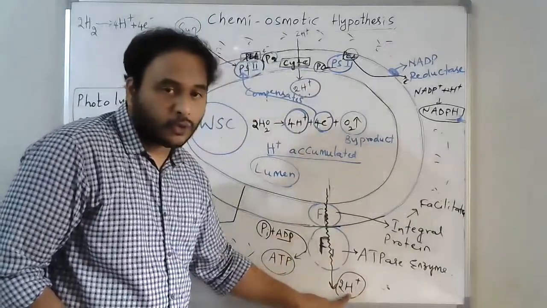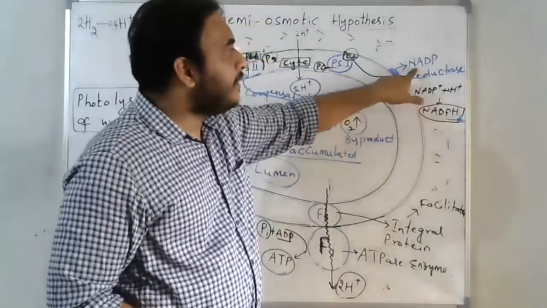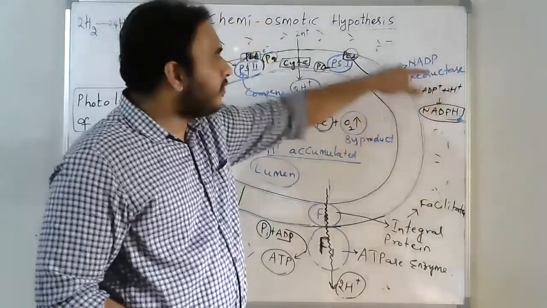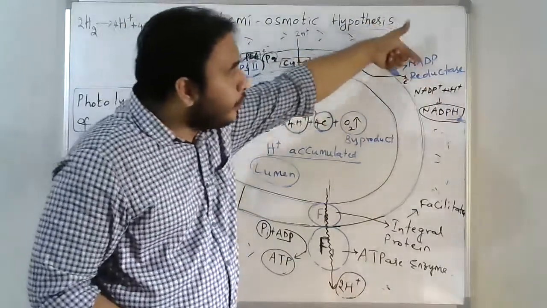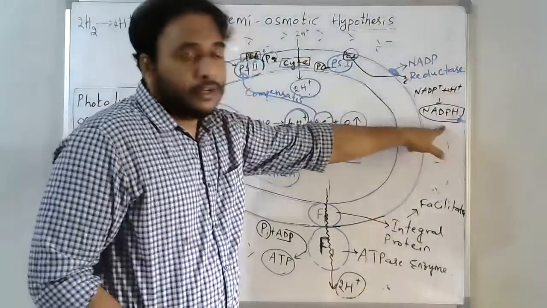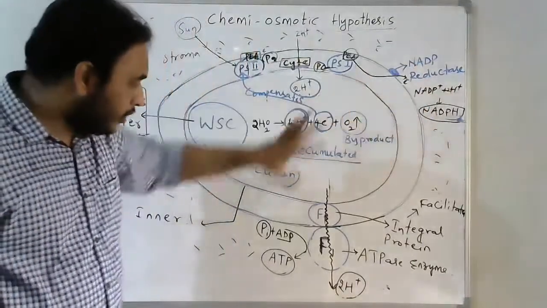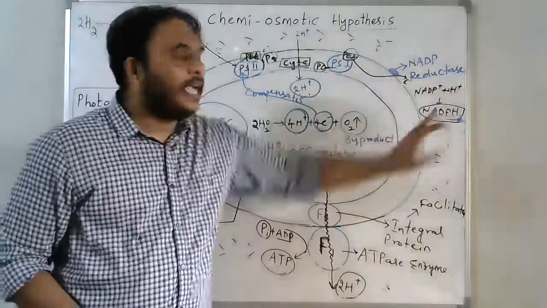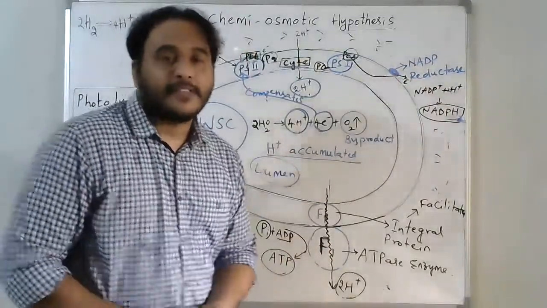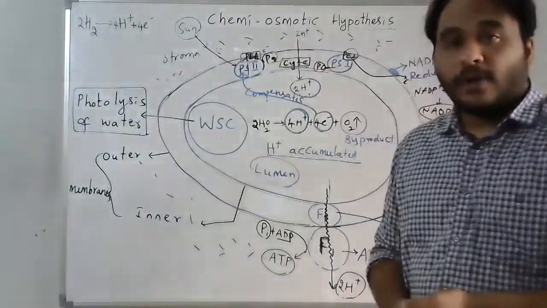And these protons are added to NADP plus in the presence of NADP reductase, which is extrinsic, that means outside the membrane, leading to the reduction of NADP to NADPH. So finally, the two end products of the light reaction are ATP and NADPH2. This explains the light reaction, and this hypothesis is called the Chemiosmotic hypothesis.